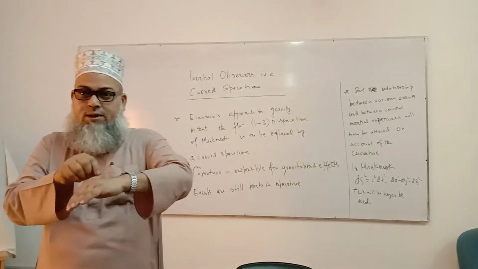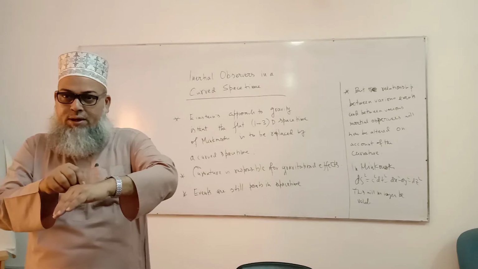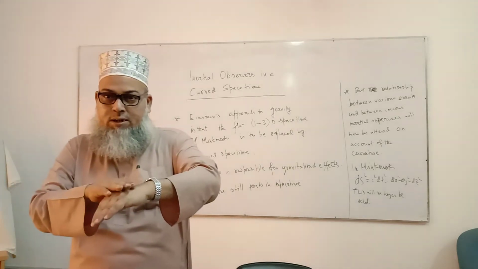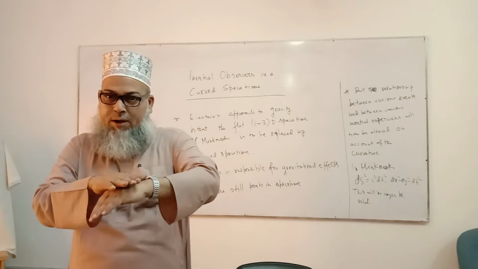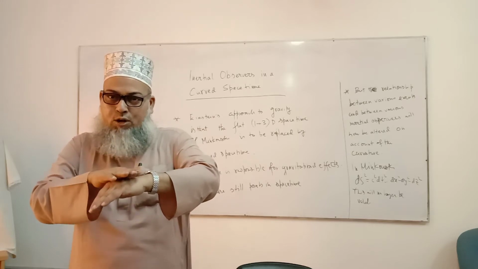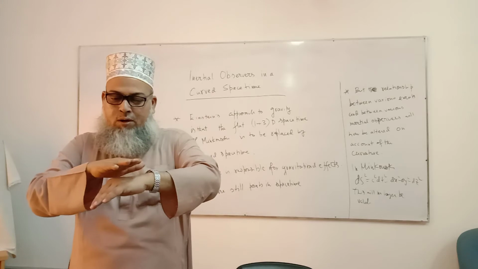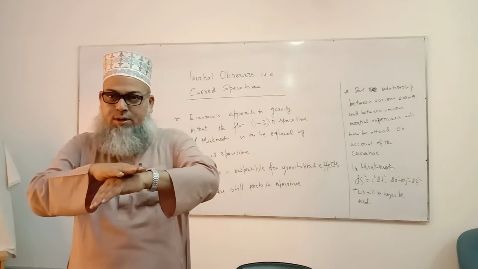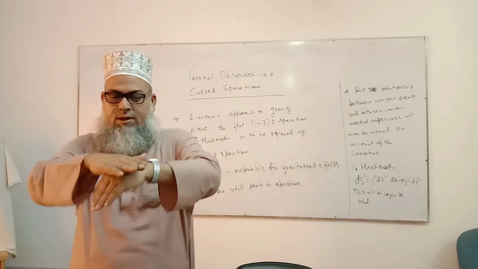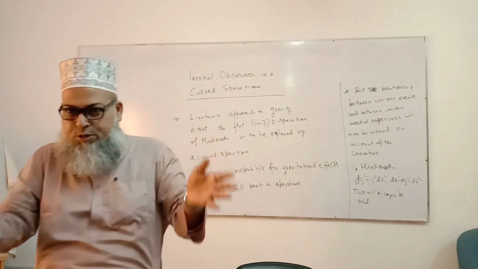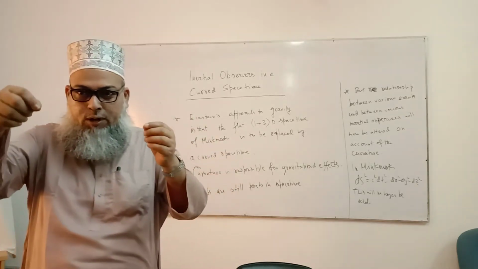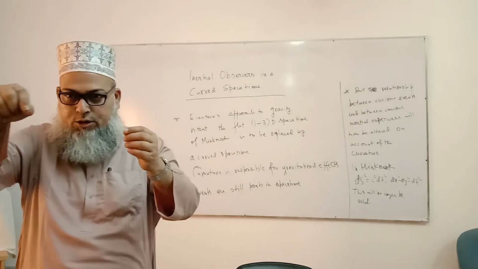That surface is tangent to the curved surface at that point, part of a tangent plane. So in a curved spacetime, at a particular point, you take a small region.